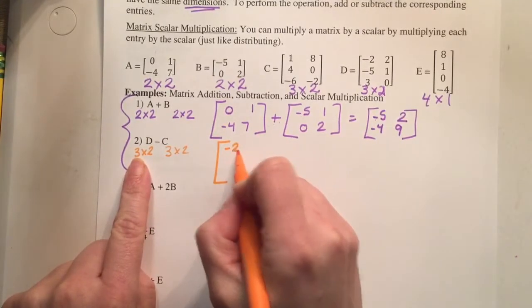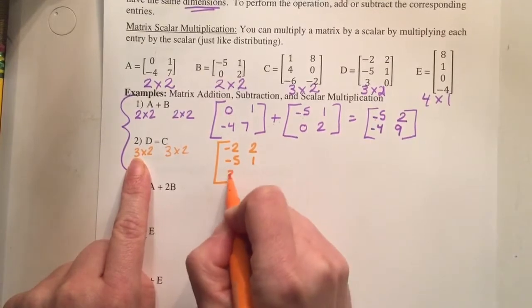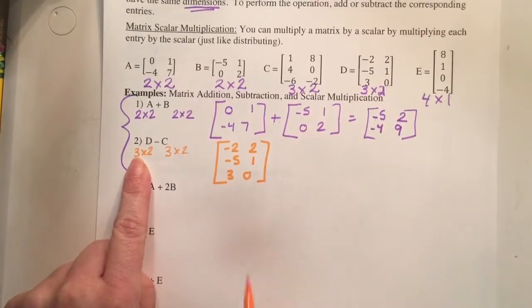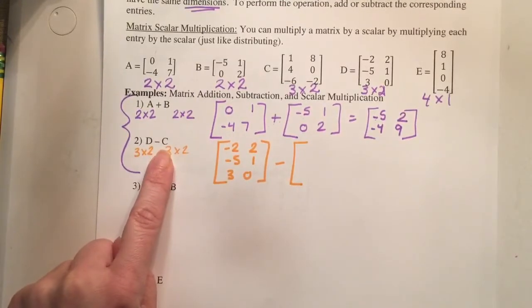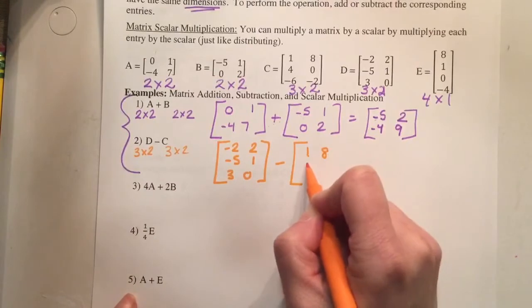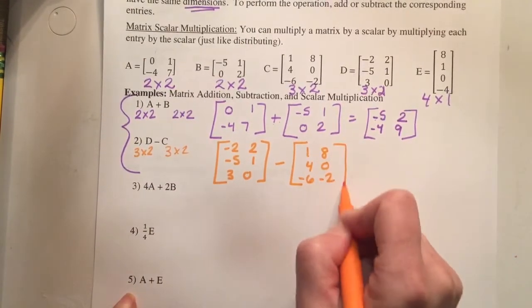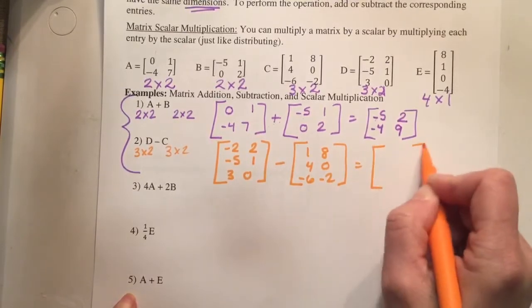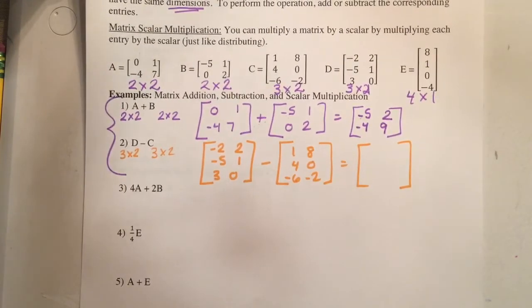D is negative 2, 2, negative 5, 1, 3, 0. D has to come first. Minus, you are subtracting matrix C. C is 1, 8 on the top. Second row is 4, 0. Negative 6, negative 2.